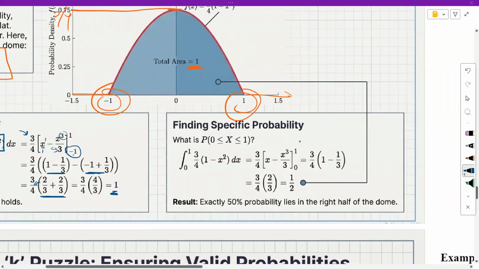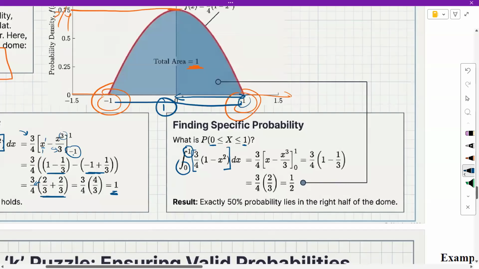Now the question is finding a specific probability. We proved that the area between -1 and +1 is 1. Now, what is the probability in the range from 0 to 1? We need to find this area. The upper limit is 1, lower limit is 0.